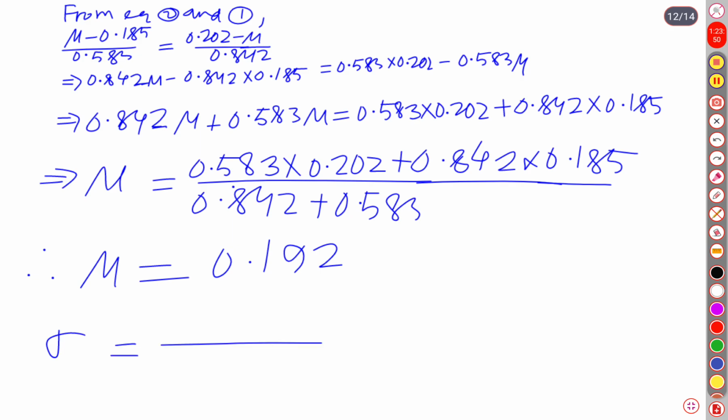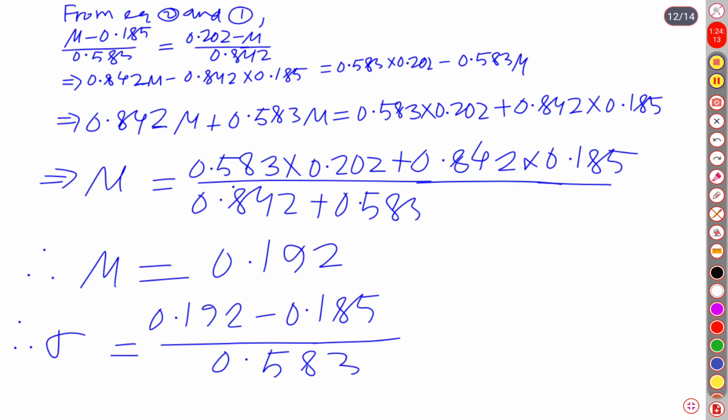The second equation was mu minus 0.185 over 0.583, which is equal to 0.192 minus 0.185.